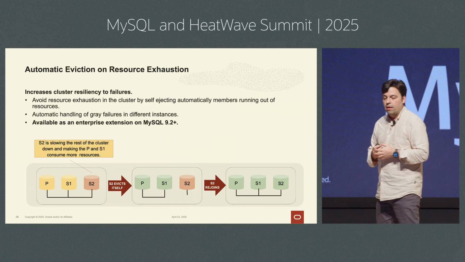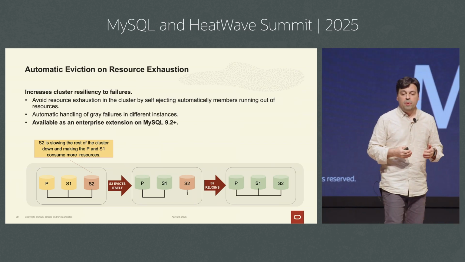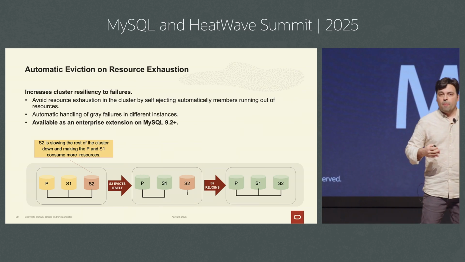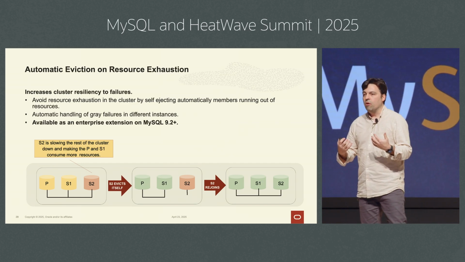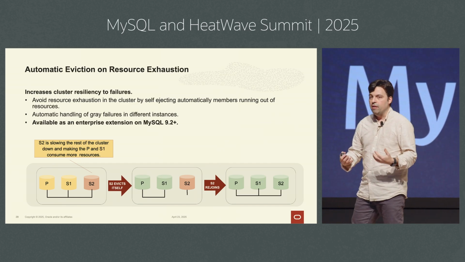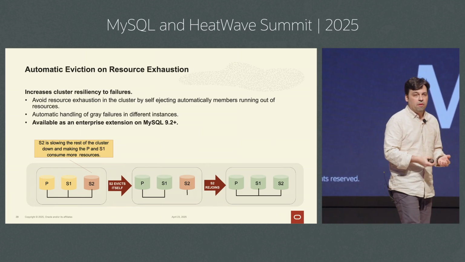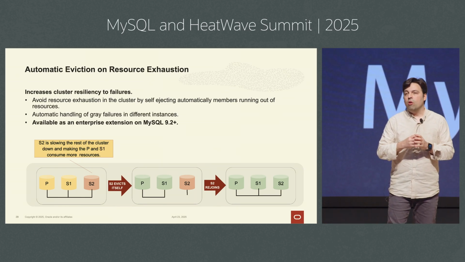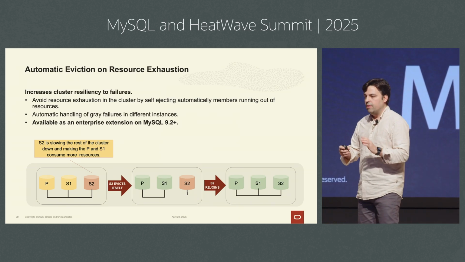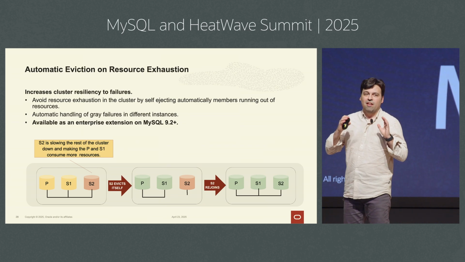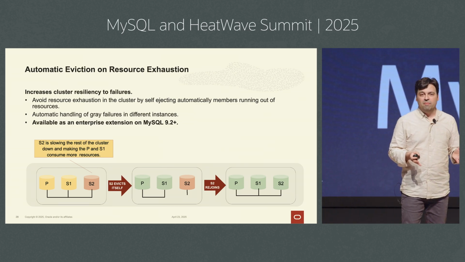So with this extension in 9.2, we added the ability to realize that one of the instances within the cluster is going extremely unhealthy, and that it could potentially be harmful for the rest of the cluster, so we automatically evict it from the cluster. So this means that for all practical purposes and intents, the instance is actually down, right?